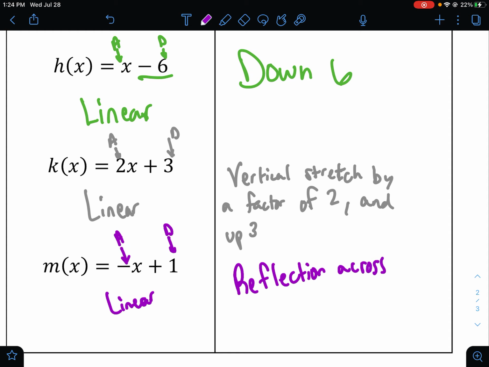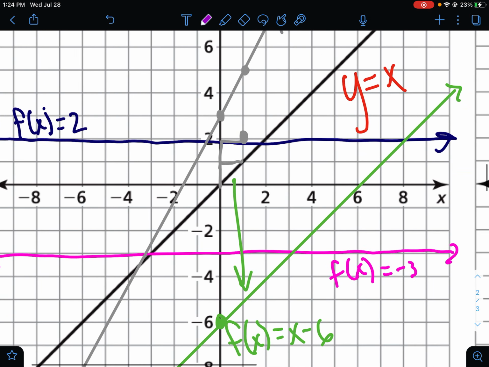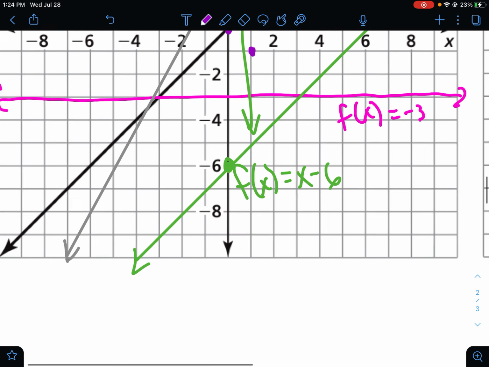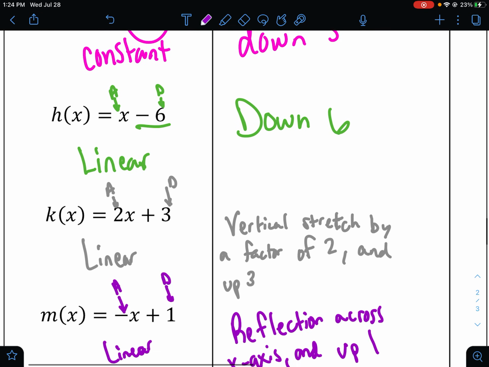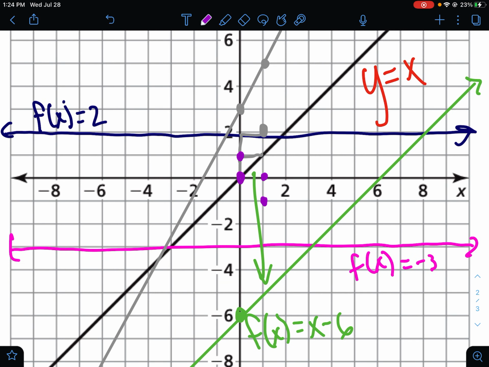This is a reflection across the x-axis and just up 1, or vertical shift up 1, vertical shift plus 1, however you want to word that. So what this is going to look like now, instead of going up, it's actually going to be going down 1 over 1, but then also it's being shifted up 1. So these dots are just going to shift up 1.